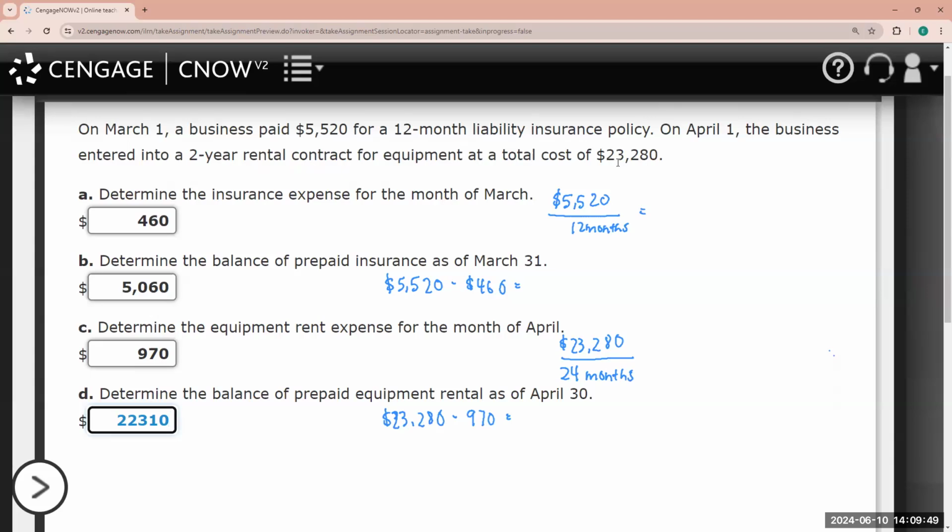So therefore, we divided the $23,280 by 24, and that gave us a monthly cost of $970. And for B and D, we essentially wanted to determine the ending balances for our insurance policy and for our equipment contract after 1 month. So we start off with the beginning balance minus the expense for the month.